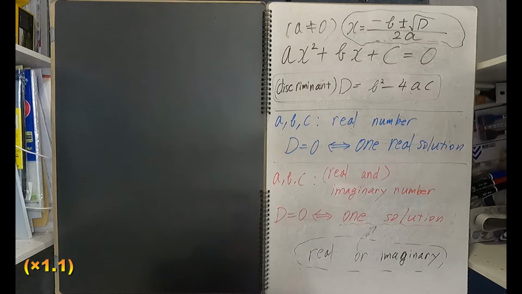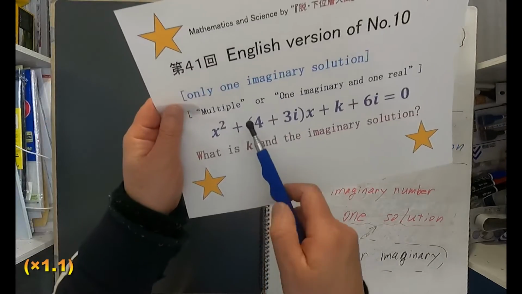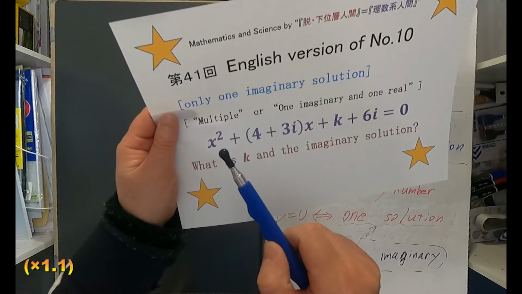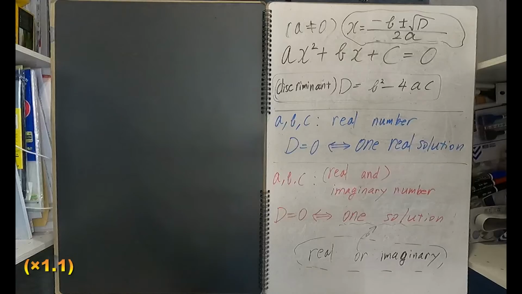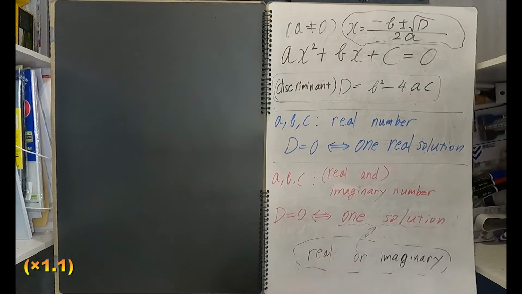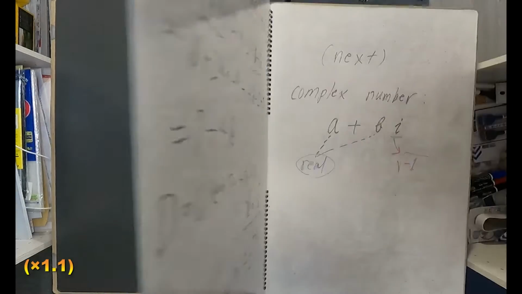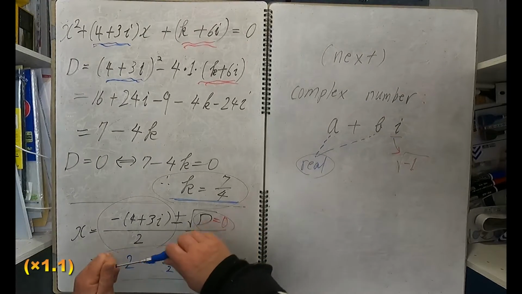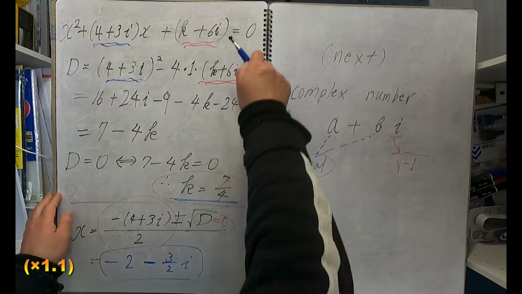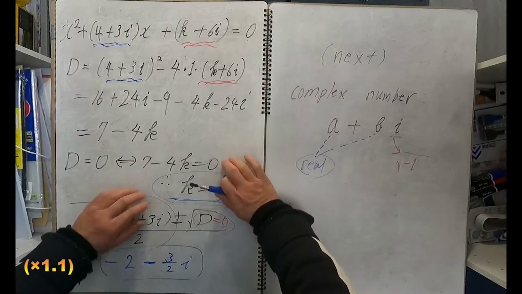So after calculation, we have to check whether it is real or imaginary. Anyway, this problem requires multiple cases, so we should consider at first using this idea. I already calculated and wrote it like this, okay?